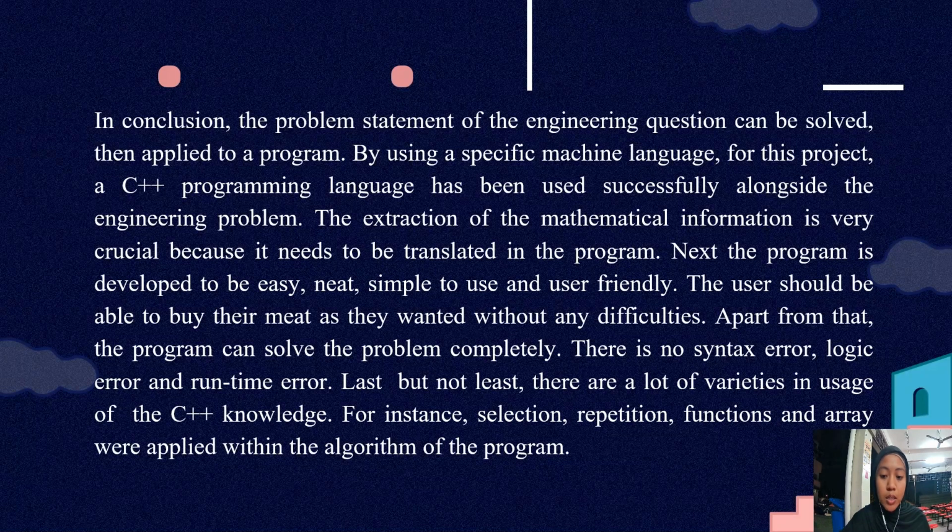There is no syntax error, logic error, or runtime error. Last but not least, there are a lot of varieties in the usage of C++ knowledge. For instance, selection, repetition, and functions were applied within the algorithm of the program.